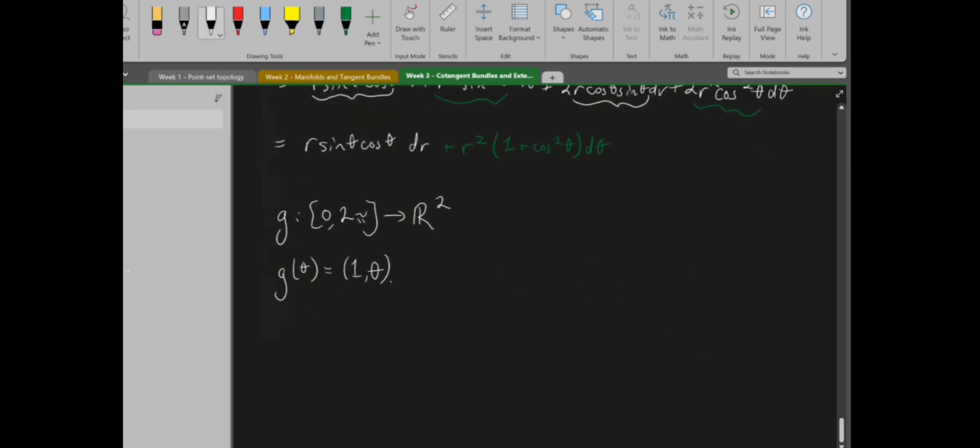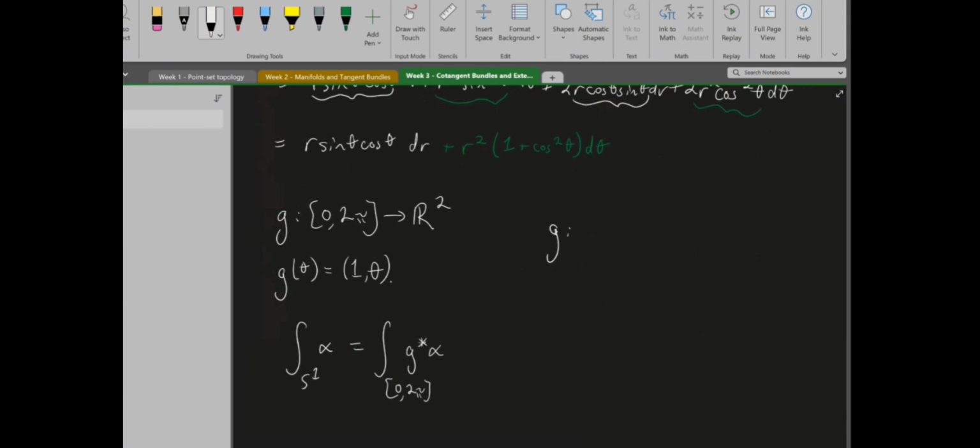Okay. Now what I want to do is integrate. So firstly I want to take S1 and integrate alpha on it, but this should be equal to integrating on the parameterization space, 0 to 2 pi, the pullback of alpha by G. Think, G is a map from 0 to 2 pi to R2, and alpha is a differential form on R2.